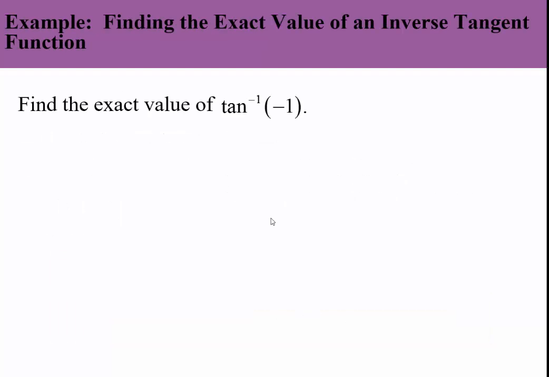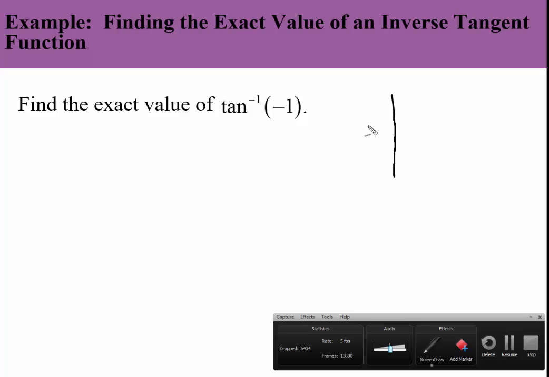All right, let's find the exact value of the arctangent of negative 1 here. So in other words, at what angle is the tangent equal to negative 1? So I'm going to draw me a little unit circle here. And notice the tangent graph, folks, also similar to the inverse sine, stays in this first and fourth quadrant from negative pi over 2 to pi over 2, where the inverse cosine was 0 to pi.